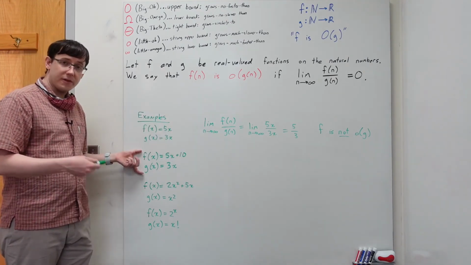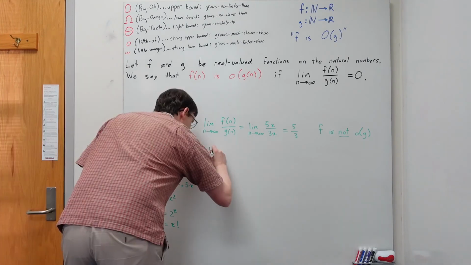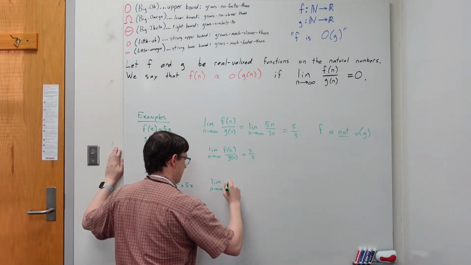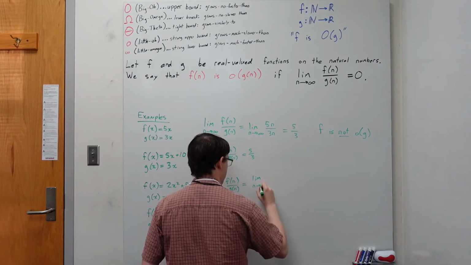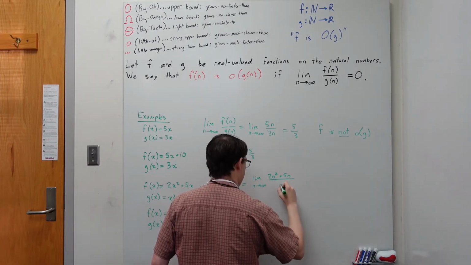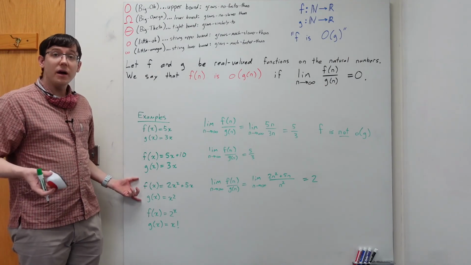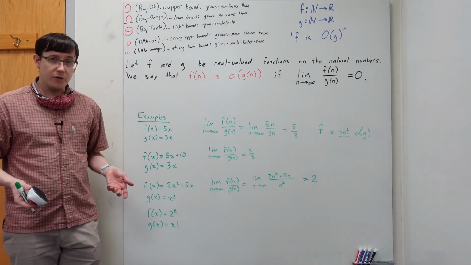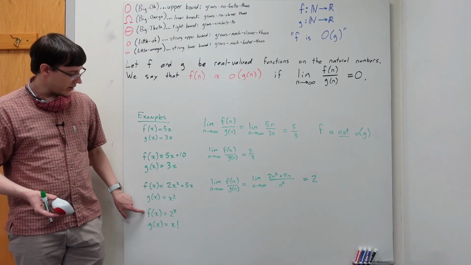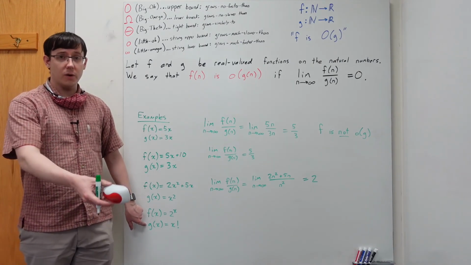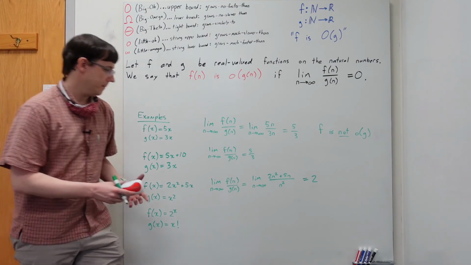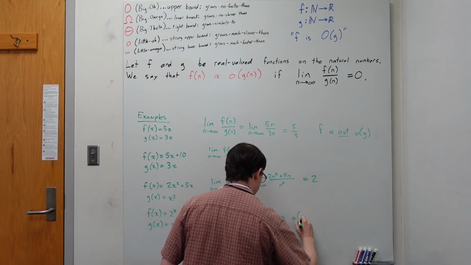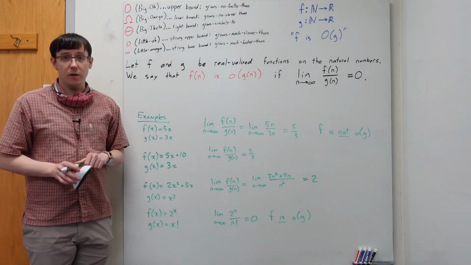And so again, f is not little o of g. Here again we have a non-zero limit, and so f is not little o of g. But for the fourth example, the ratio f over g does go to 0 as n goes to infinity. And so f is little o of g.